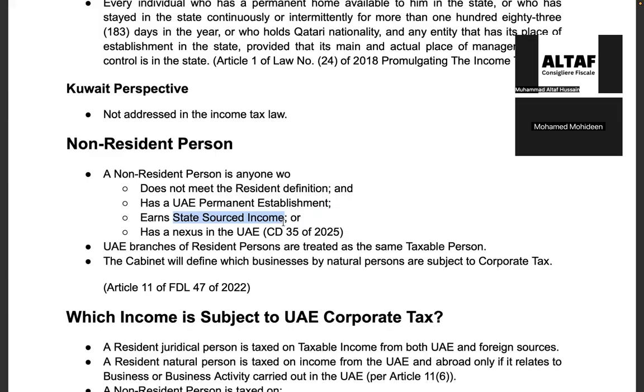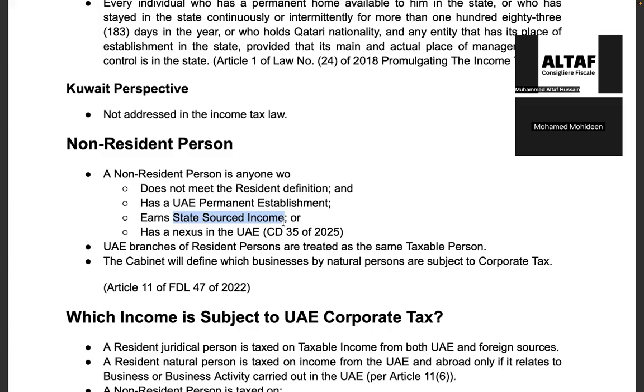You can define state sourced income in terms of permanent establishment also. What does that mean? State sourced income is that taxable presence in any country in a scenario where the non-resident person does not have a permanent establishment and is still earning income from that country. That is the concept of state sourced income.